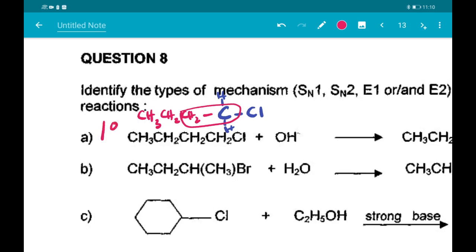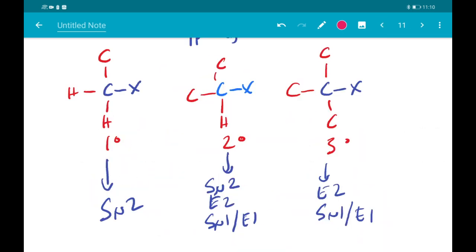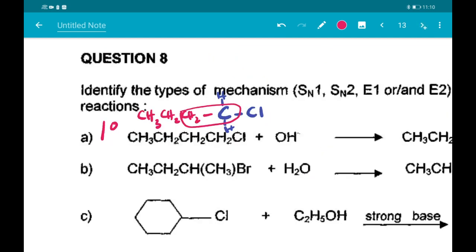If we refer back to our previous notes, we can see that if we are using a primary alkyl halide, it will prefer the SN2 reaction. However, let's confirm it with the nucleophile that we are using.